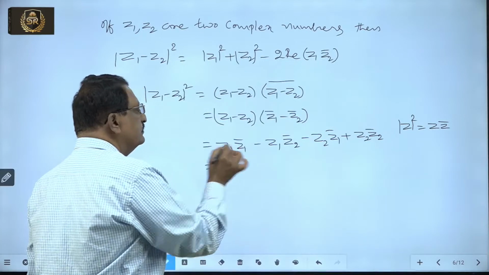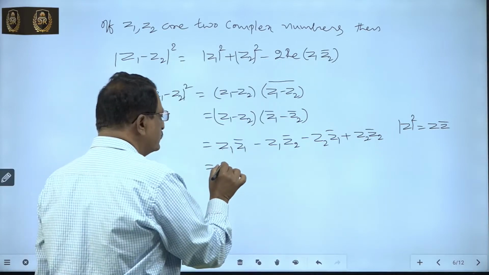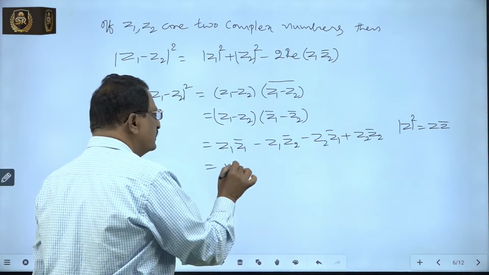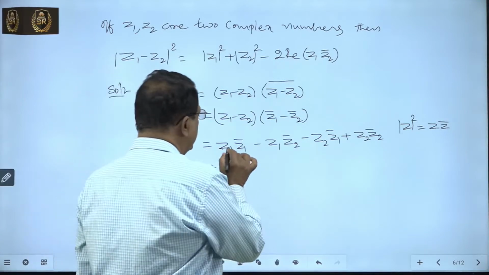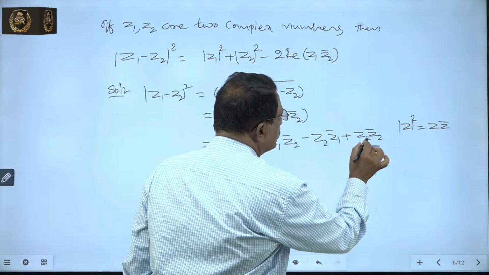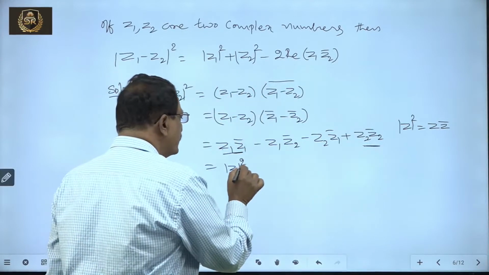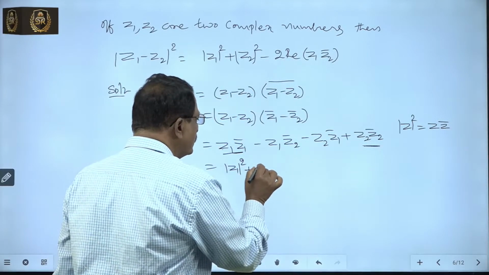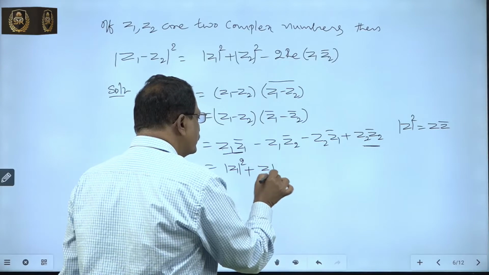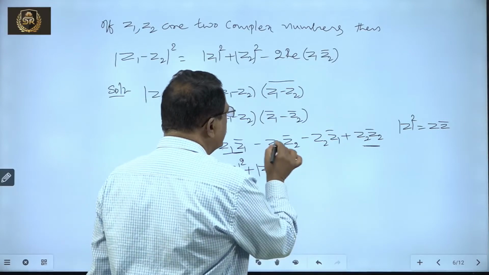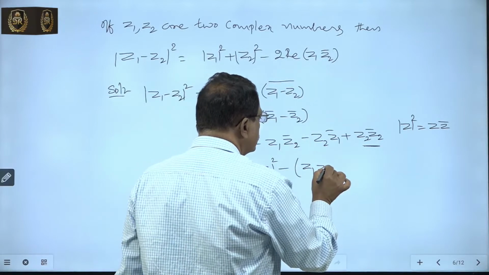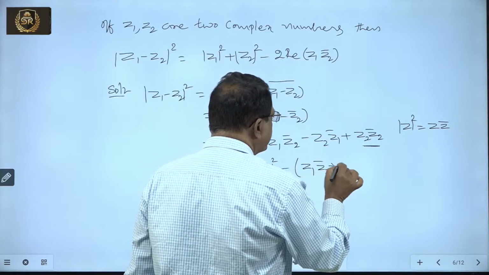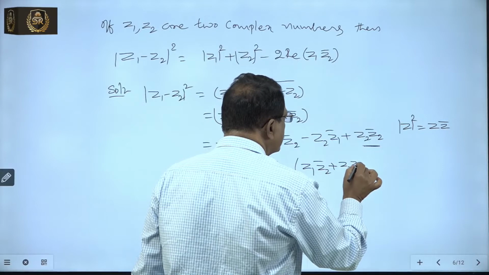But Z into Z bar equals mod Z square, so Z1 into Z1 bar is mod Z1 square. Similarly, the last term Z2 into Z2 bar equals mod Z2 whole square. In these two terms, minus is common: Z1 Z2 bar plus Z2 Z1 bar.